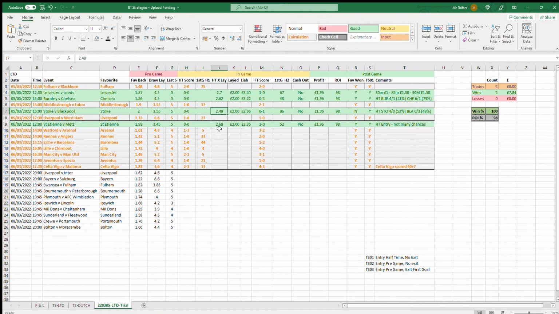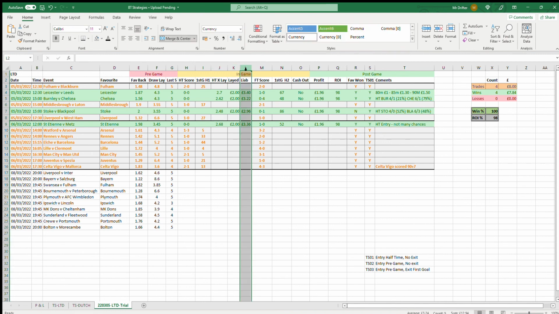And on this one, the half-time draw lay was 2.68 compared to only 3.45 at the start of the game. So you can see how you can get in for a lower liability here than at the start of the game, because the liabilities against these odds here would have been a lot higher.